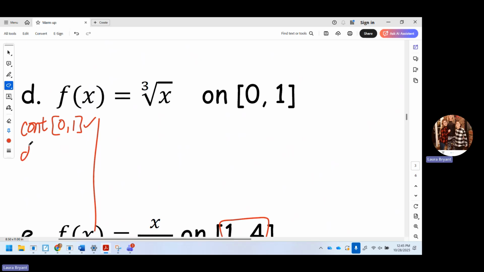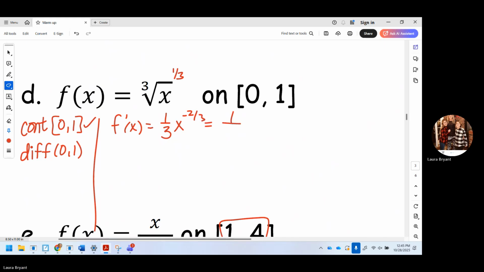And then to check differentiable, I have to take the derivative first and see if that has any fractions or square roots or logarithms. So think of this as a 1/3 power. My derivative is 1/3 x to the -2/3. And so negative power, I move down to the bottom. And then, oh, now I have a fraction.